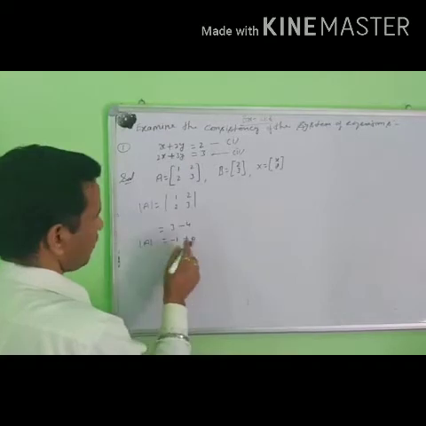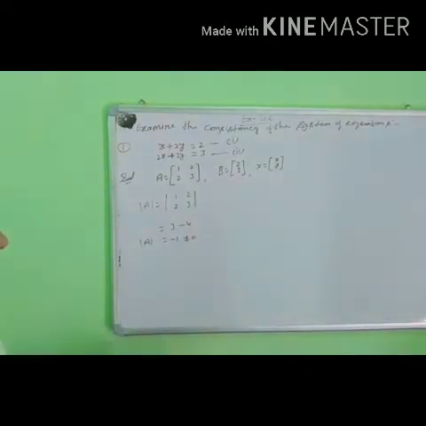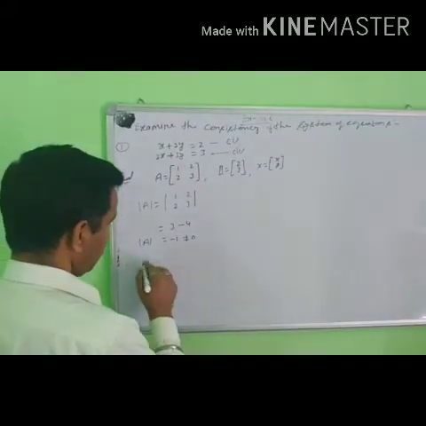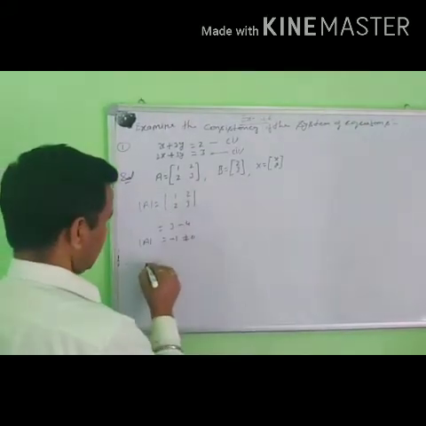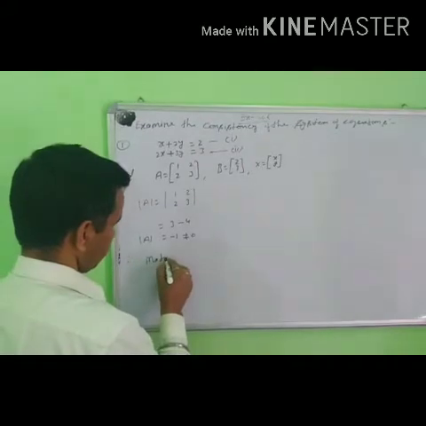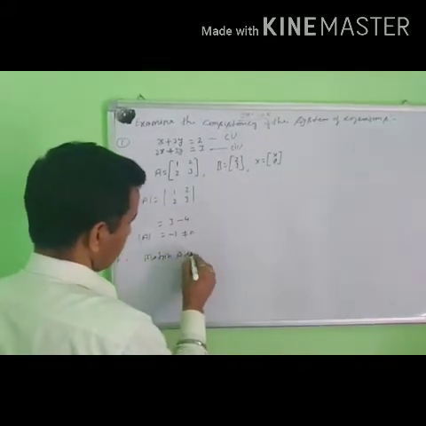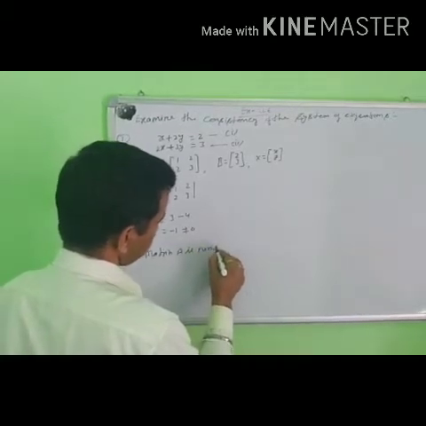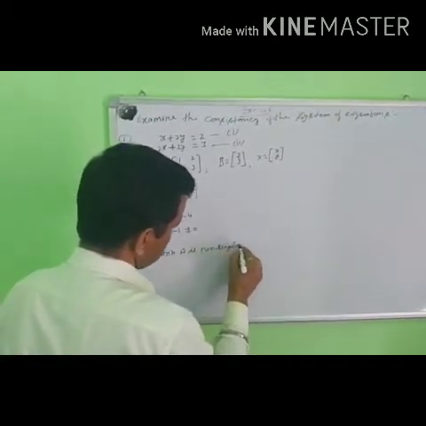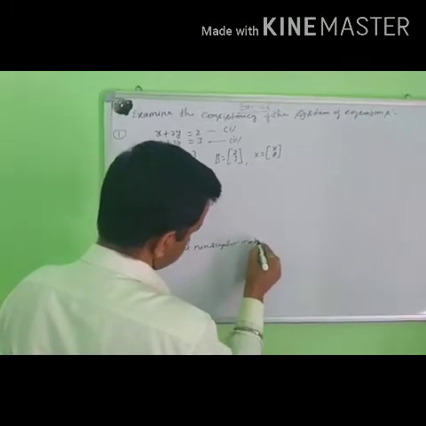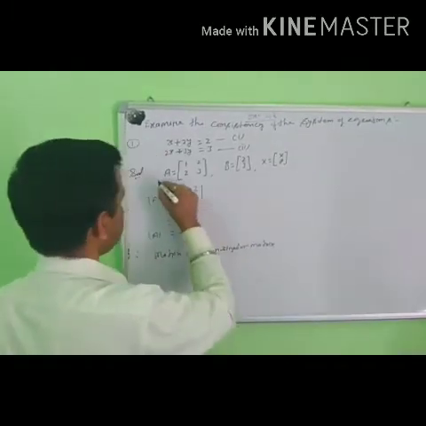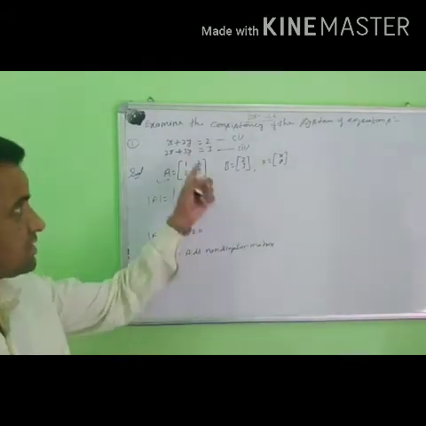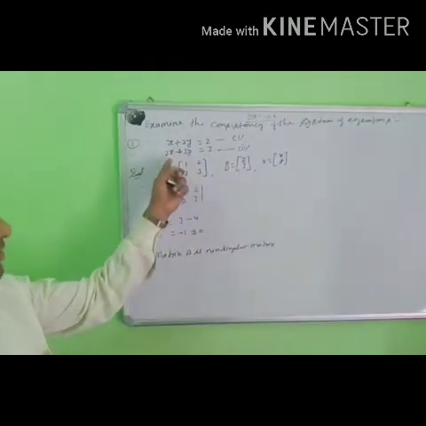The determinant value here is not 0, that means therefore matrix A is a non-singular matrix. When matrix A is a non-singular matrix, it means the equation system is consistent.